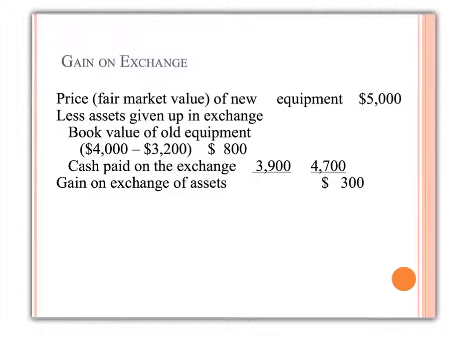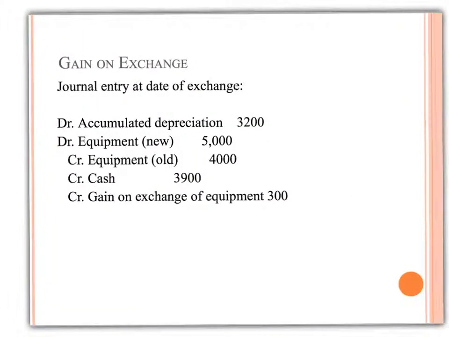We add together the $3,900 and the $800. Our book value plus our cash, that's what we're giving up in the exchange, for $4,700. The fair market value of the new equipment, subtracting what we're giving up in the exchange, gives us $300. This is a gain on exchange of assets.